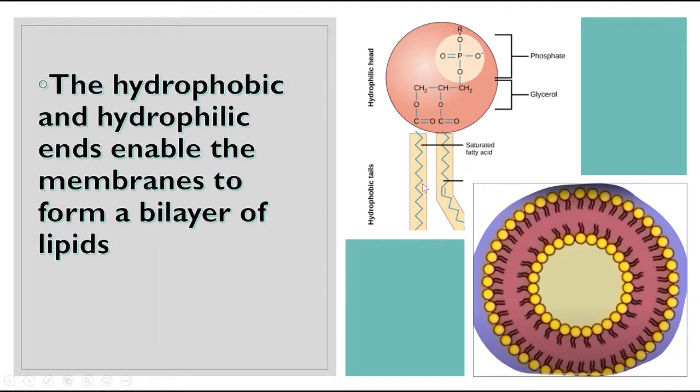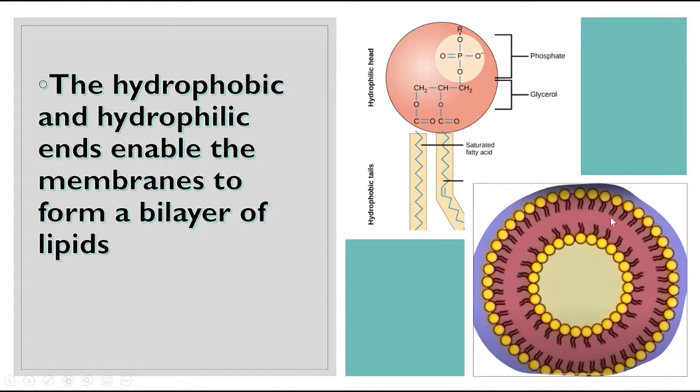This part is a fatty acid, which we call the tails. Phospholipids spontaneously arrange themselves in a double-layered structure with hydrophobic tails pointing inward, and their heads facing outwards.